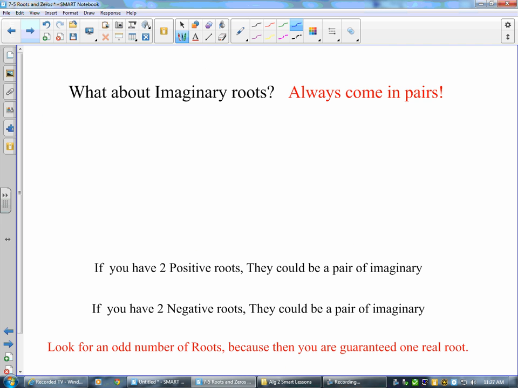Well, if you're taking an imaginary, you're going to have an i, which really equals the square root of -1. If you're taking a square root, that means you're taking a positive and a negative, and therefore you will always have 2 answers.